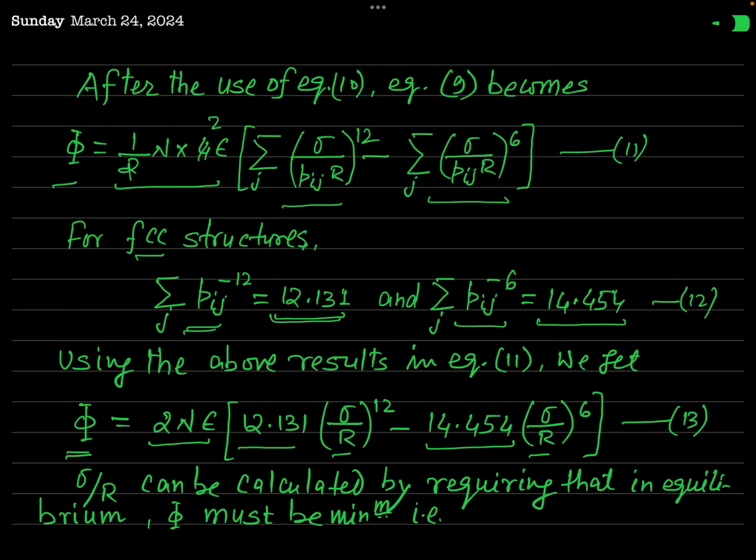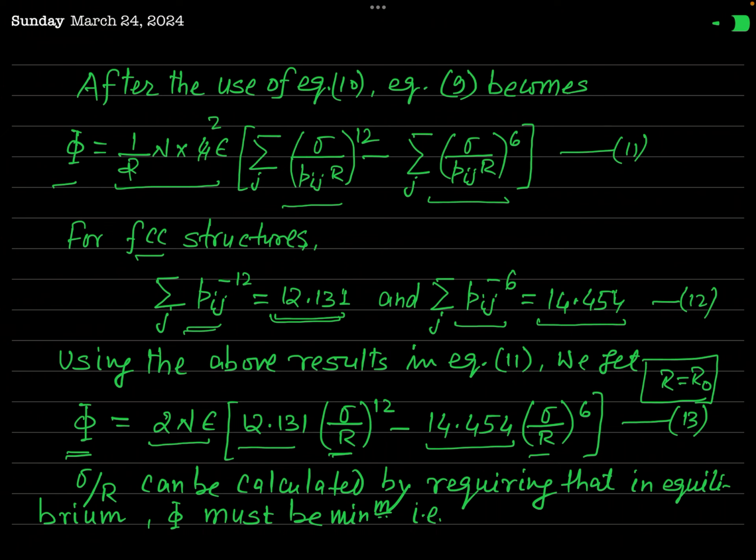Now, for getting the value of phi, we must know the value of σ over R. And this σ over R can be found by considering our crystal in the equilibrium state. When R is equal to R naught, the equilibrium state is achieved.